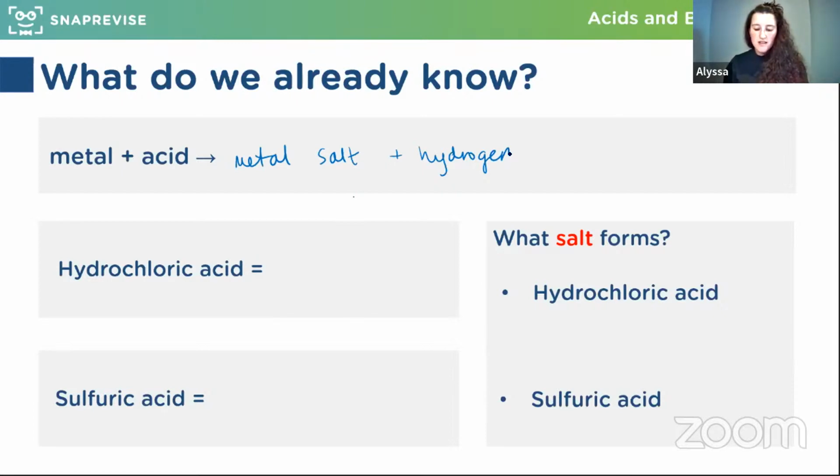Okay, what's the chemical formula for hydrochloric acid, and what's the chemical formula for sulfuric acid? Does anyone know? These you do have to know for GCSE. We do have to know these off by heart. Fantastic.